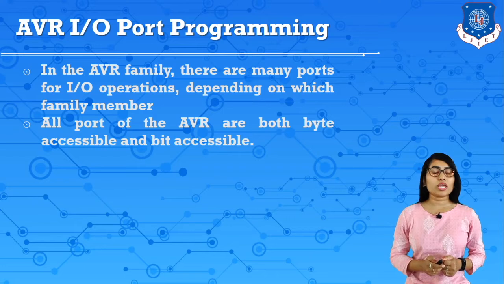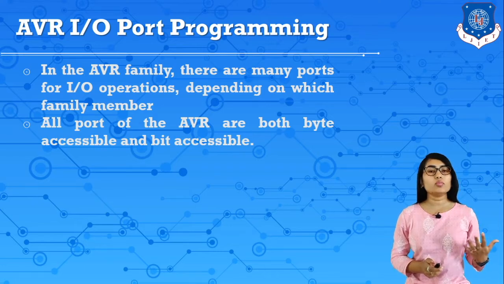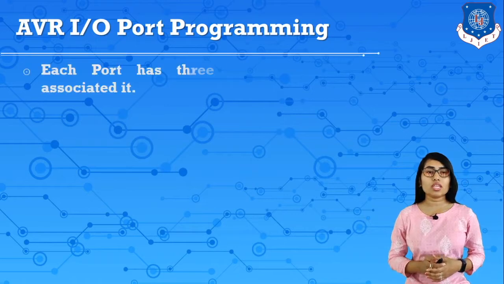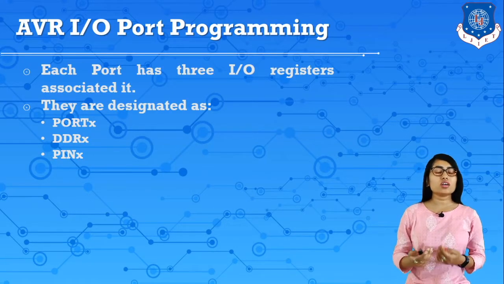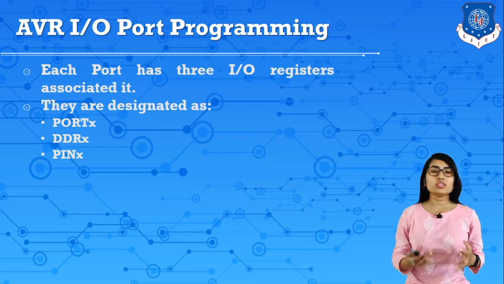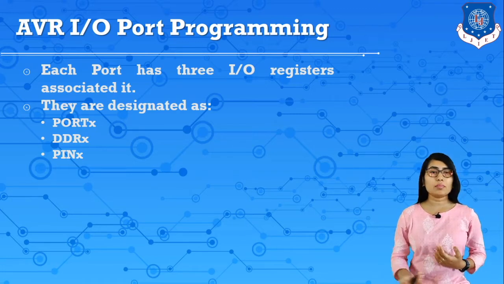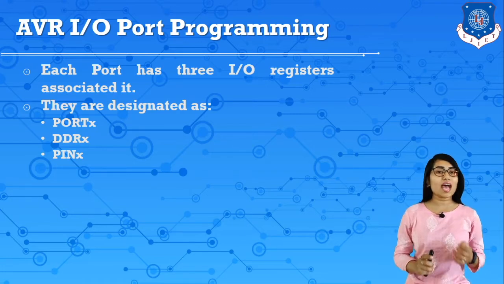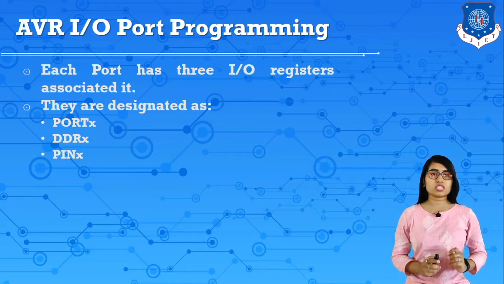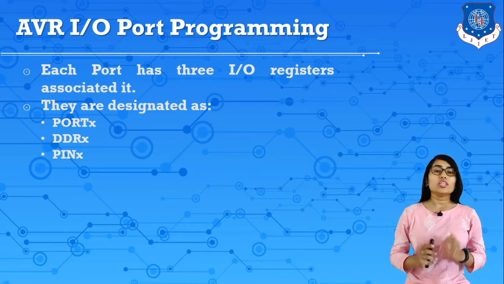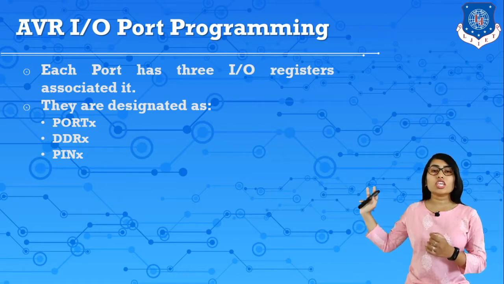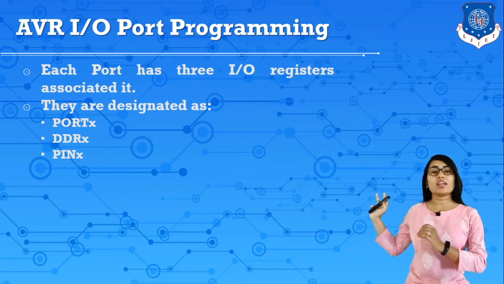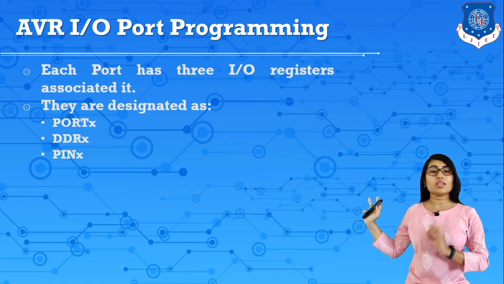While we perform input output port programming, it holds varieties of input output registers according to which device or family member is used. Each port has 3 input output registers associated with it. They are referred to as PORTX, DDRX and PINX.